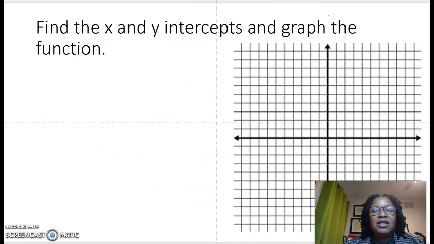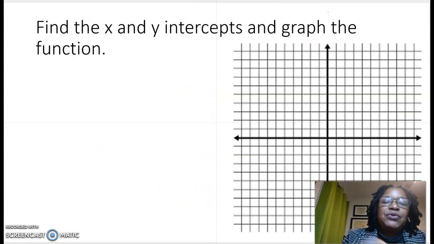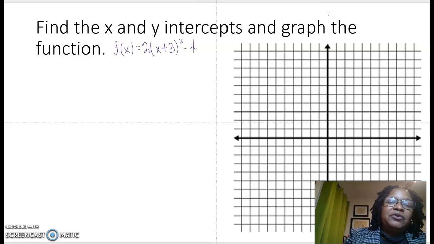All right, so let's find the x-intercept. To find the x-intercept, what are we going to do? Well, in our problem, which is f of x is equal to 2 times (x plus 3) squared minus 4, the first thing we're going to do is set f of x equal to 0.